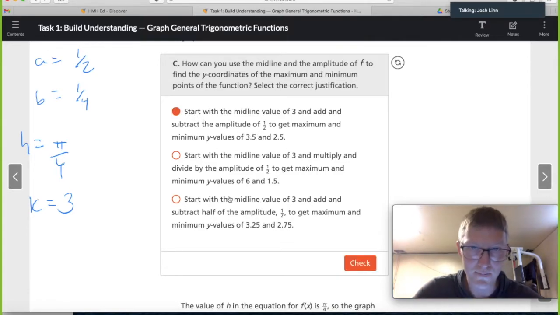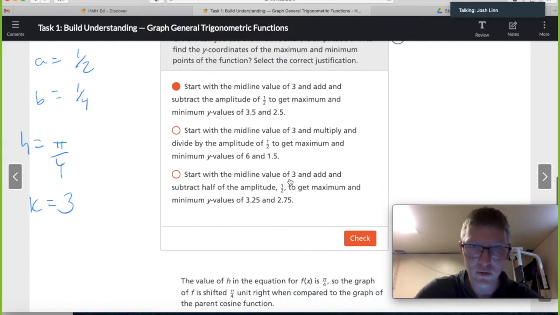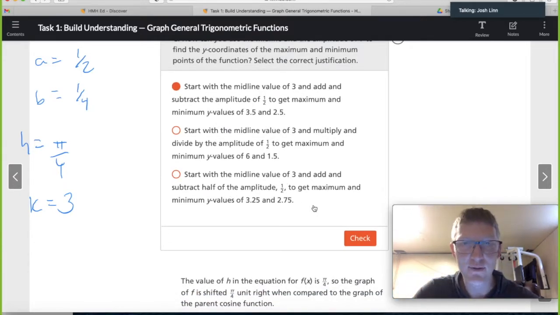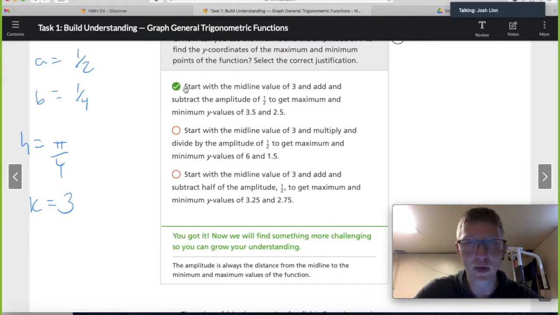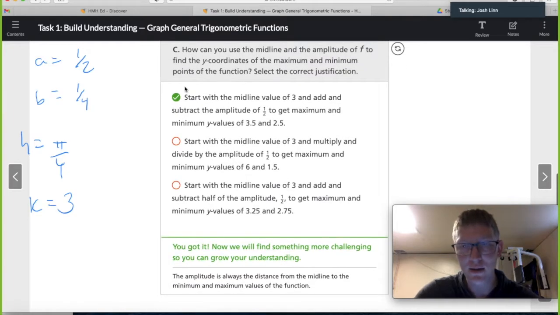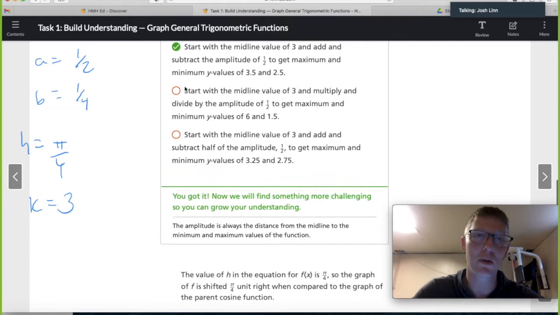I'll agree with that. Start with the midline value at 3 and multiply? No. Start with midline value at 3 and add and subtract half of the amplitude? No. It is the full amplitude. The amplitude is defined by the distance from that midline to the maximum or minimum.